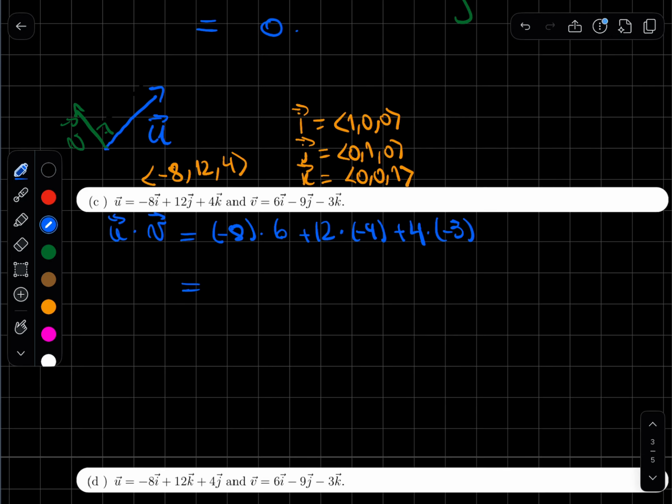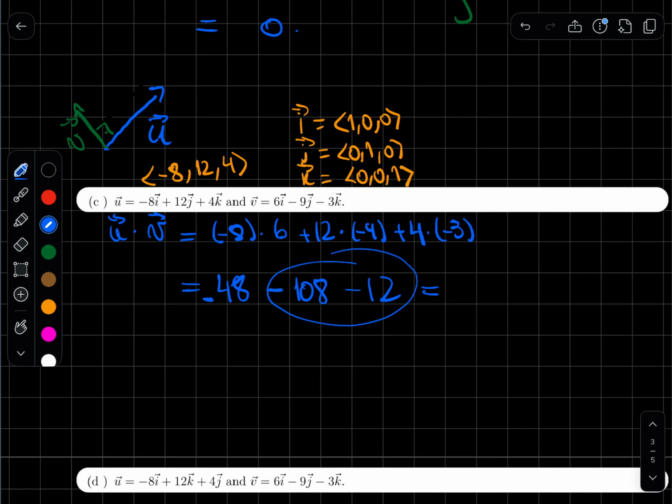And so just double checking that I have the numbers in the right place. Seems like I do. So 6 times 8, first of all, is 48. And then 12 times 9, that's 12 times 10, which is 120, minus a 12, it's 108. And then minus a 12, everything negative.